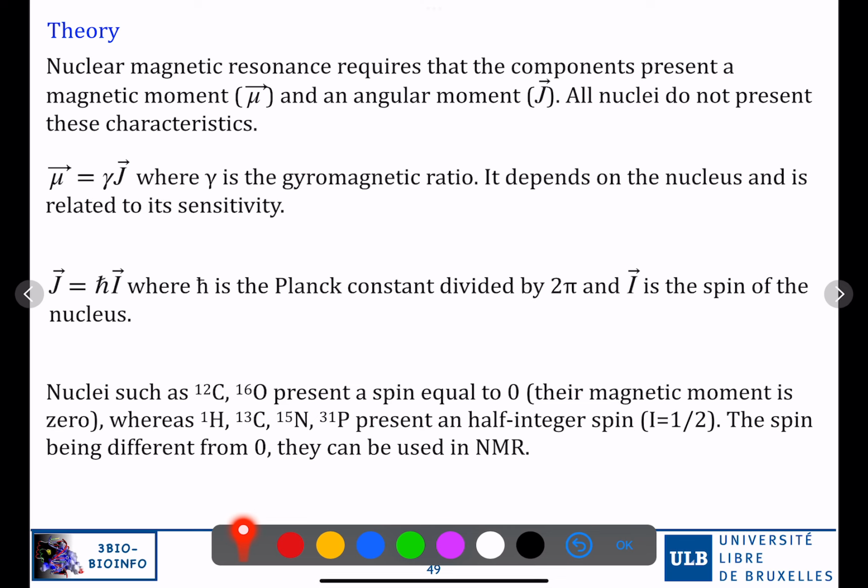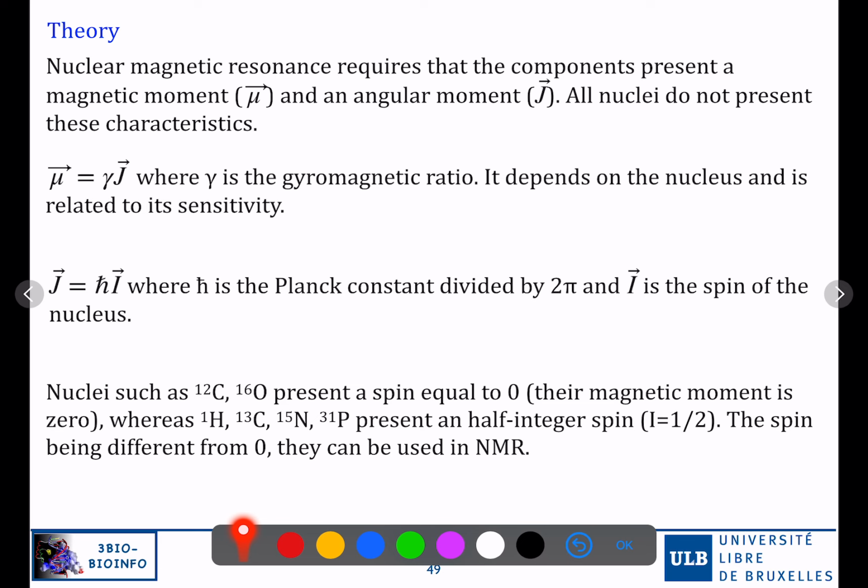So that means that in proteins you have a lot of hydrogen 1 atoms, and so it's possible to study this hydrogen atom with nuclear magnetic resonance. And so you can use nuclear magnetic resonance applied to hydrogen 1 to study the structure of proteins.